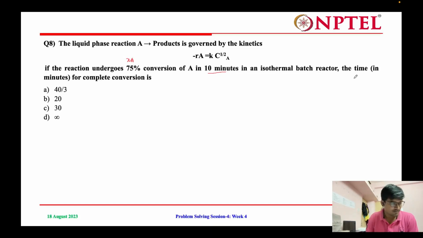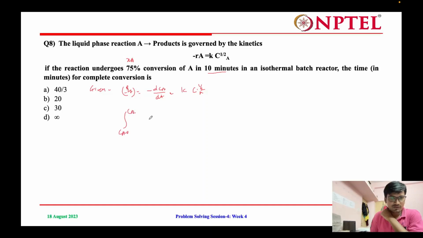So you have to calculate the time required for the complete conversion. Here the given rate equation is r A equal to minus dC A by dt equal to K C A to the power 1 by 2, right? Now take these terms here and integrate.